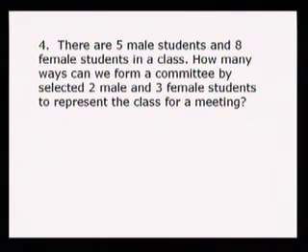You can separate into 2 steps too. First step is selecting those 2 males. Second step is selecting those 3 females so that you can have that committee of 5. Okay. So your first step, how many ways? And your second step, how many ways?